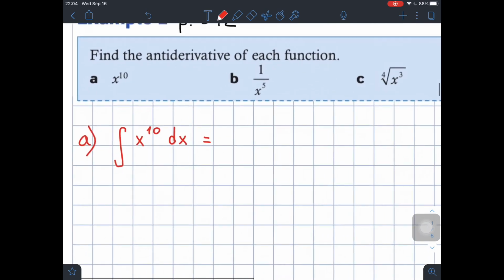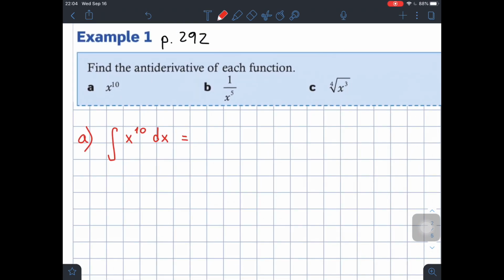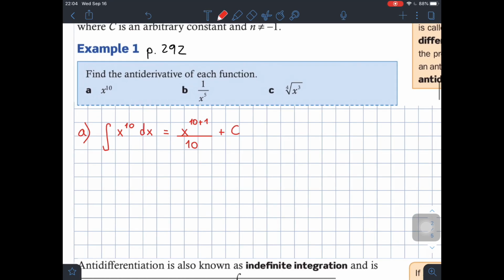So if we want to integrate x to the power of 10, this would be x to the power of 10 plus 1 divided by 10 plus 1, and always remember we need to write plus c, right? If you don't write the plus c, then you're going to get a wrong answer. So this is x to the power of 11 divided by 11, plus c. And this is the antiderivative of this expression over here, okay?